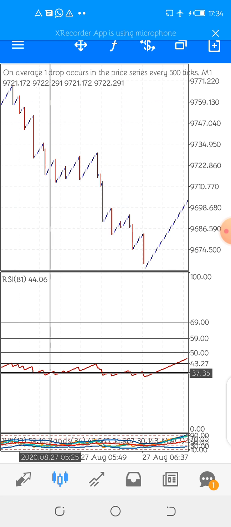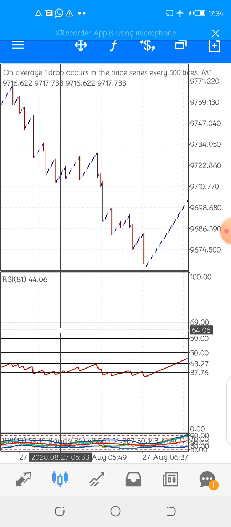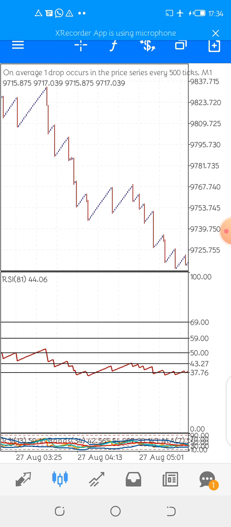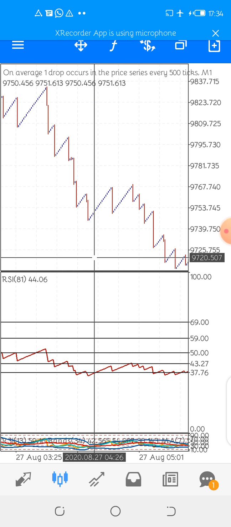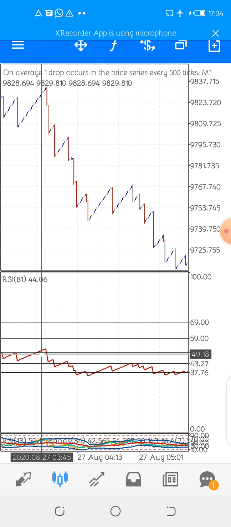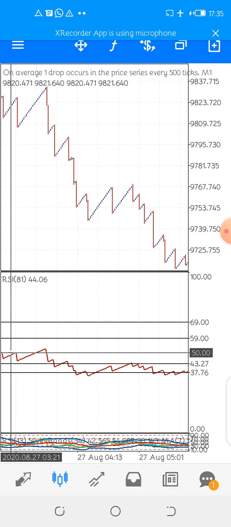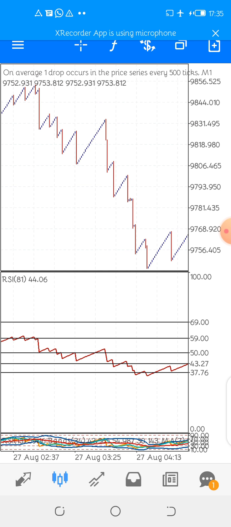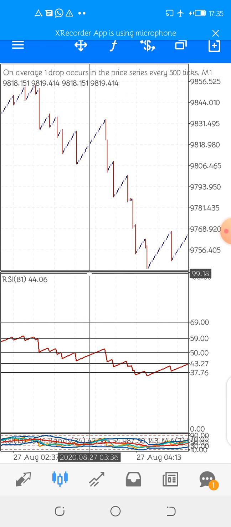Okay, you see the same area for so long. But as I told you, level 50 is always used. You see, when it was here, it was retesting our level 50 for the second time. Yeah, so here, sorry, I wanted to pick this.